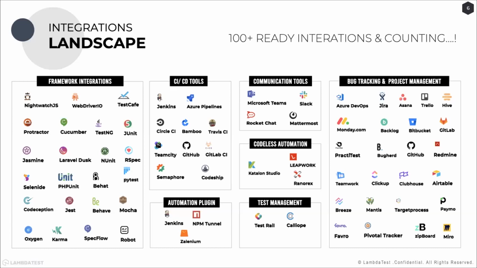And with the framework integrations, we cover the majority of the frameworks today. And we also have automation plugin, which will help you to run your tests, like for Jenkins plugin, NPM, Selenium, and bug tracking and project management. If there's any team using different project management tools, they'll be able to integrate their accounts directly to push the one-click bug logging out there.